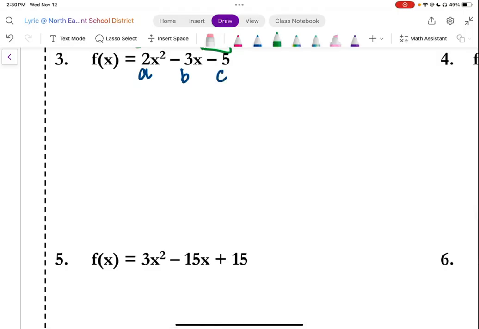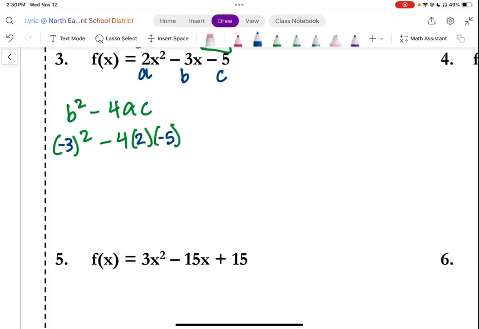Then we'll calculate the discriminant. B squared minus 4AC. I like to leave the blanks. Plugging in A, B, and C, B is negative 3, A is 2, and C is negative 5. When you put this whole thing in the calculator, we get 49.